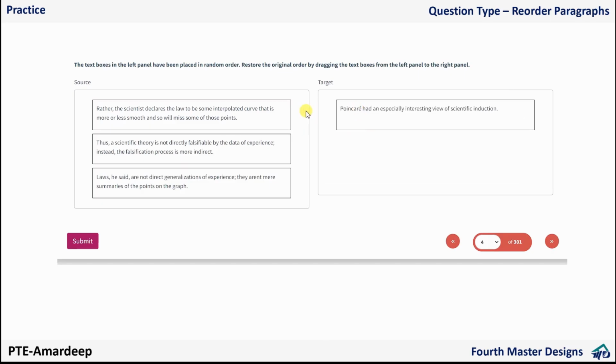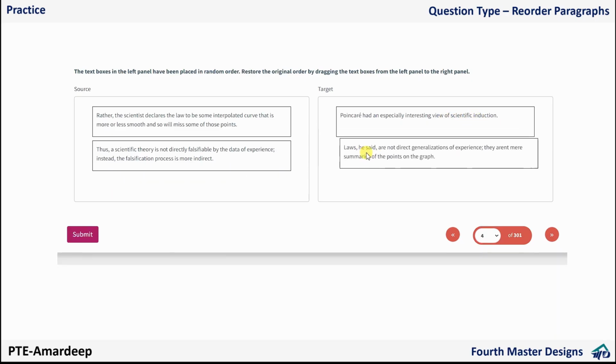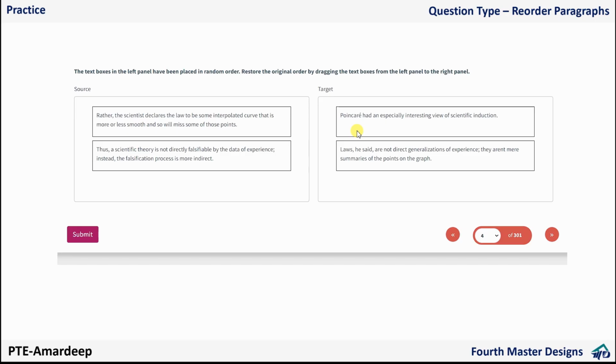Okay. Then after this, "especially interesting view of scientific induction. Laws, he said" is directly referring to that person. "Laws, he said, not generalization of experience. They aren't mere summaries." He said they are not this or that.